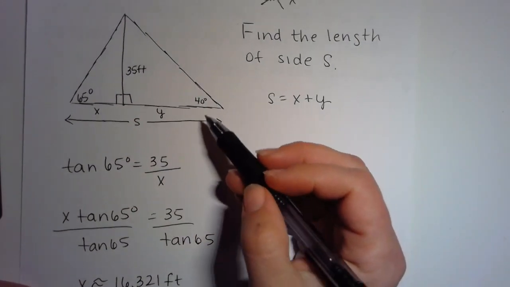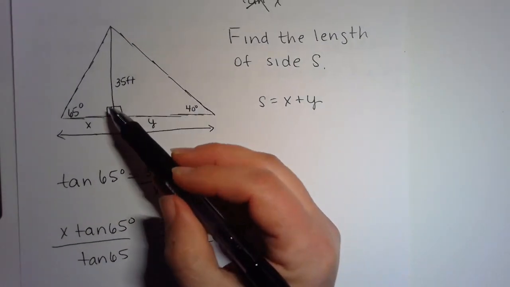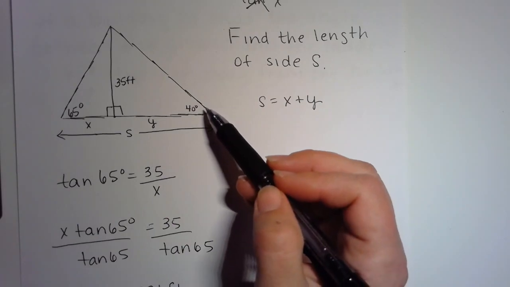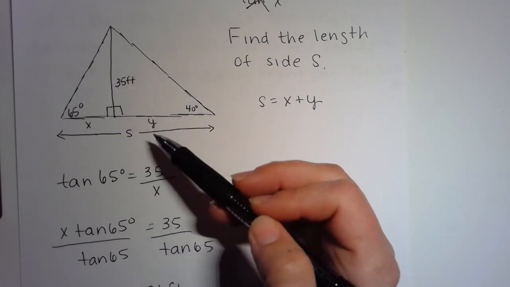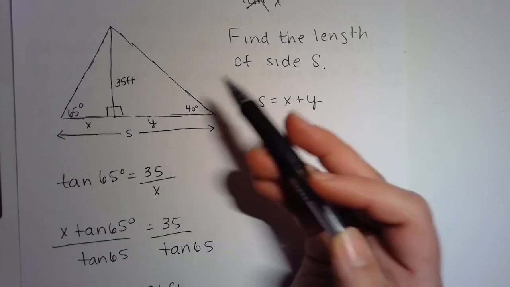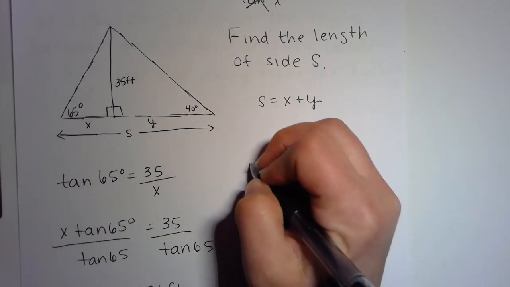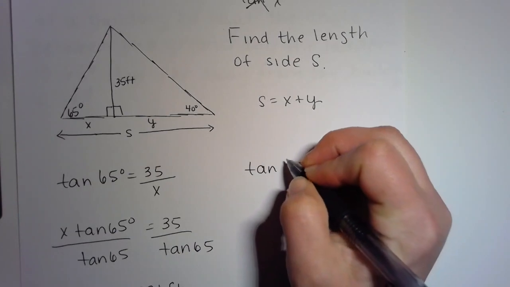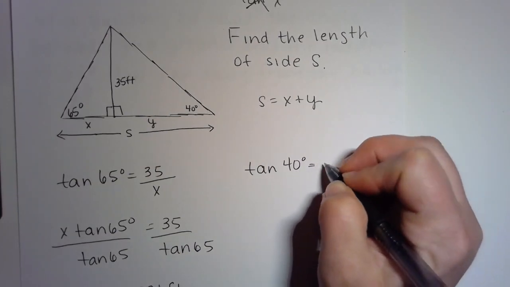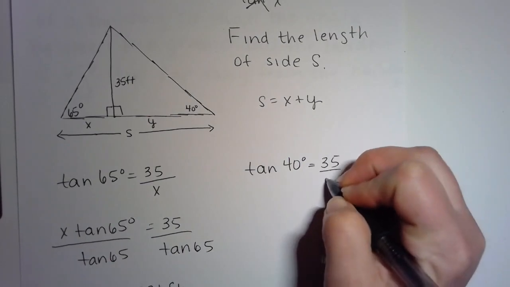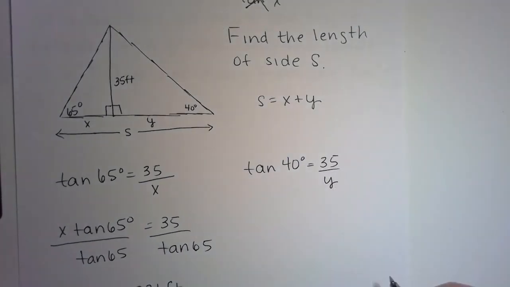Okay, so now I can look at the bigger triangle. This is also right, so I can use this. I have this angle. This is its opposite side, which I know. This is the adjacent side that I'm missing, so again, I'm going to use tangent. But this time it's tangent of 40 degrees equals 35 over y. We're going to solve for y.